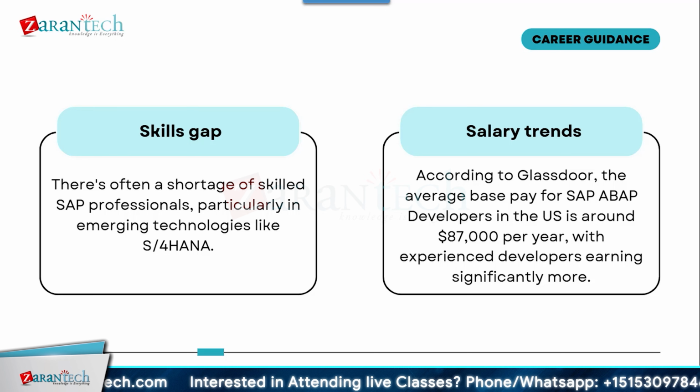And this clearly reflects the high demand and low supply of qualified SAP professionals, making it a lucrative career path for those with the right skills there. So, this makes SAP a valuable field for those looking to grow in a high demand, well paying profession.